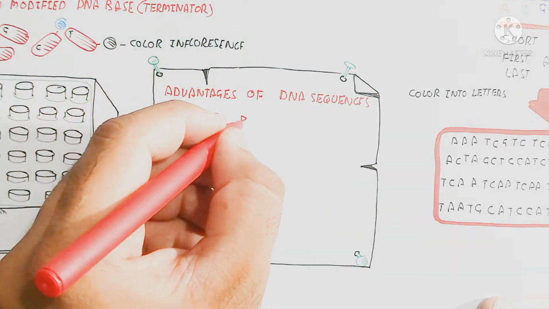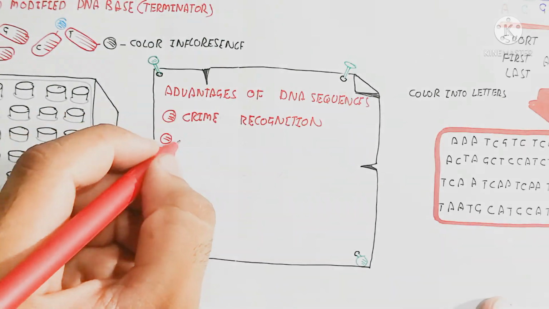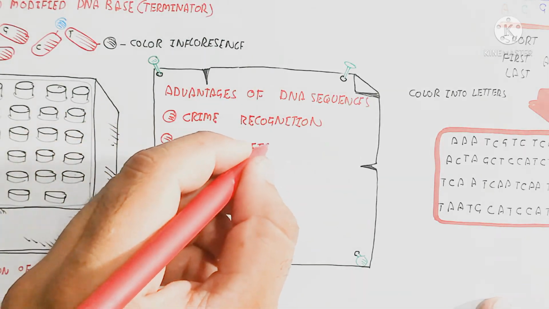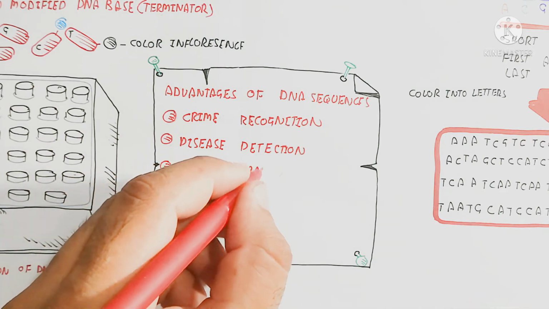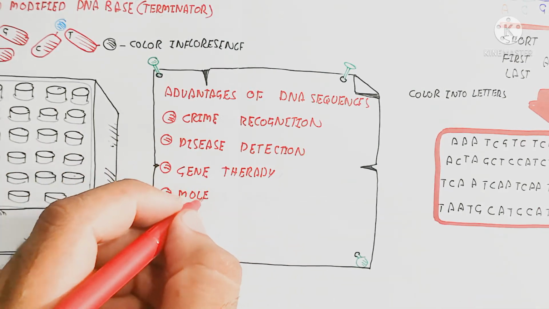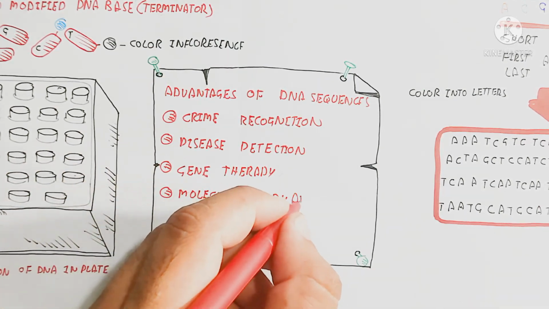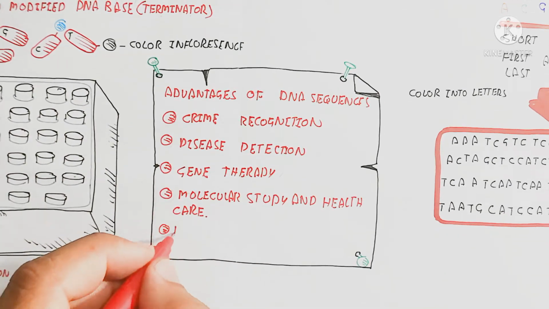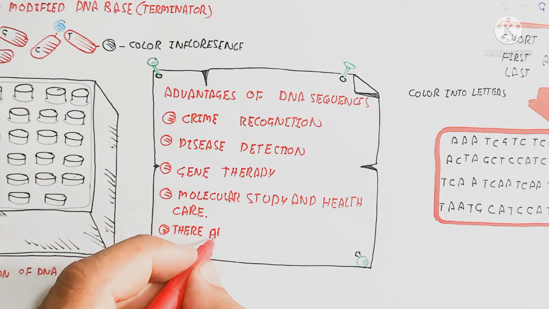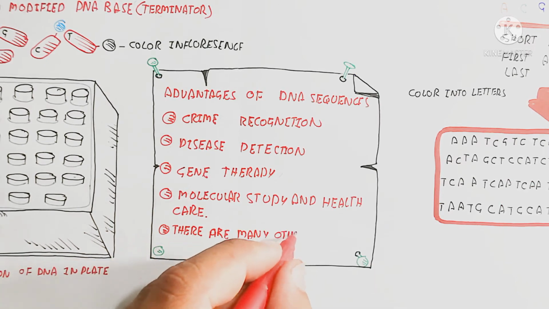We can classify on the basis of the DNA segment, which moves first and last and shows the color, and that color gives the sequence. So this is the DNA sequencing technique, which gives many benefits.